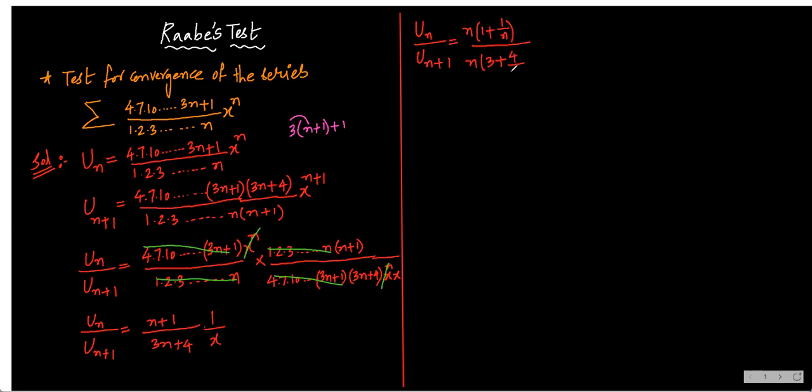After each and every step, I want your answer, into 1 by x. What are the terms which are cancelled here? This n will be cancelling out. Then applying limit.